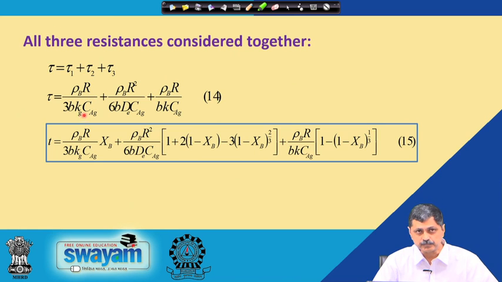We put those values of tau 1, tau 2 and tau 3 for the 3 different controlling resistances, and equation 14 gives us the expression for tau. Combining the results of the 3 individual resistance controls, we also get the conversion versus time relationship for a case where all 3 resistances should be considered.